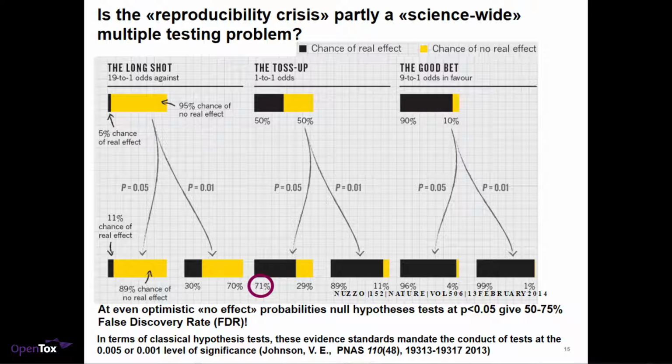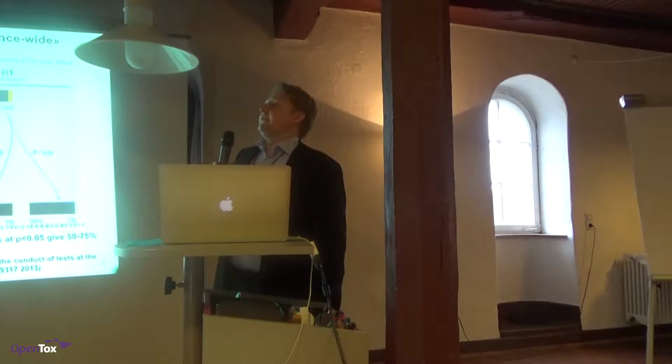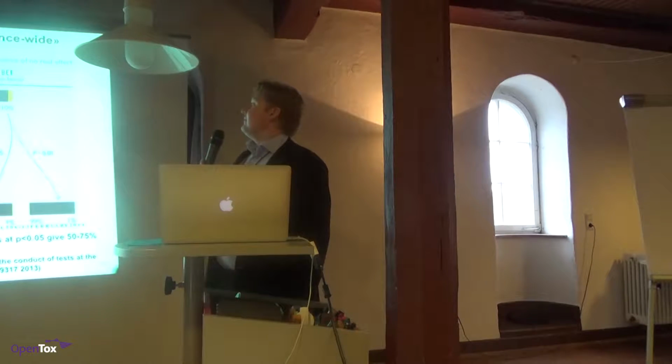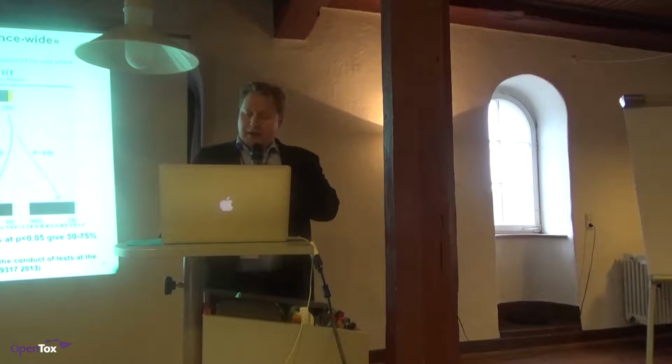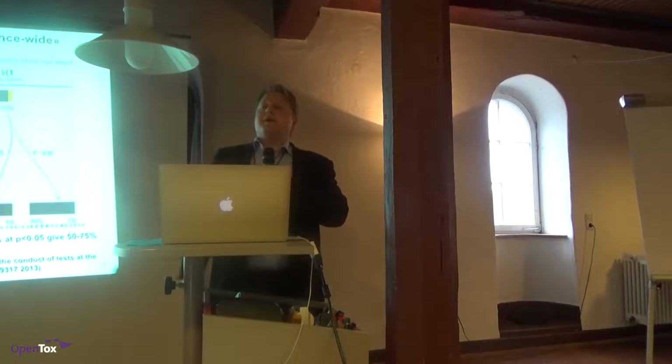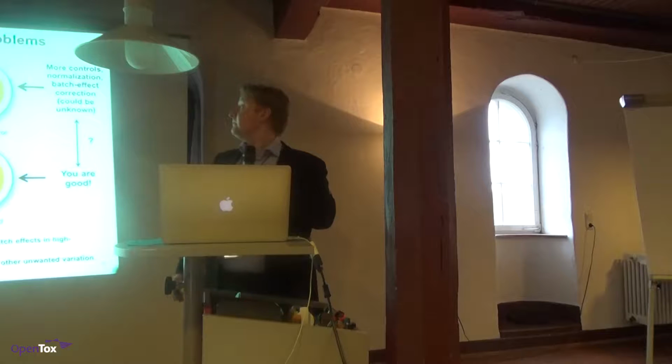But there have been some attempts to do that, and an estimate of the p-value which would be significant, even given some realistic assumptions, would be somewhere like 0.005, so 10 times lower than the regular 0.05 p-value. This wouldn't probably solve all of the problems, but one way to improve this situation is to do more replicates, which would improve the quality of the biological data and reduce the false discovery rate.